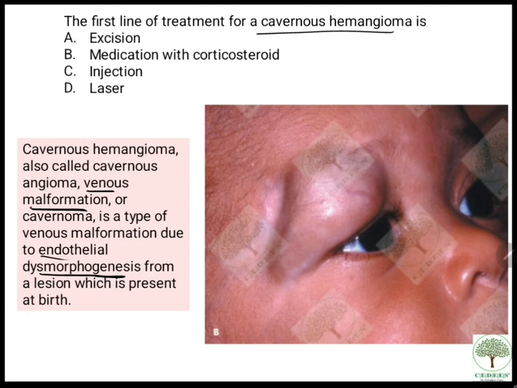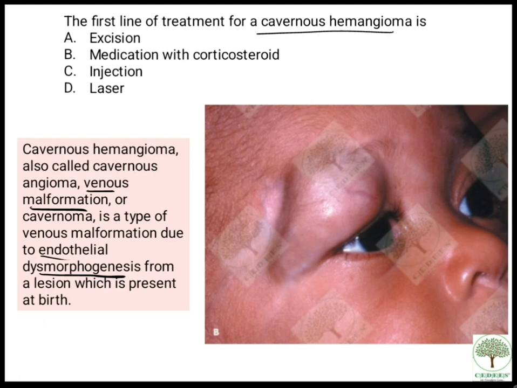So compared to those two, cavernous hemangioma is not as severe as an arterial hemangioma or an AVM, what we call an arteriovenous malformation. Now, this usually occurs as a sporadic hemangioma. It can occur without any known cause all of a sudden. Some cases might have a genetic component as well.